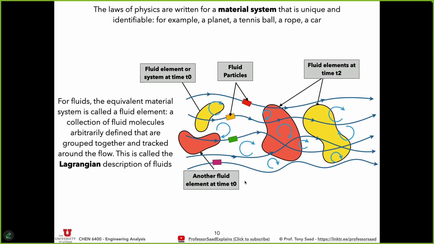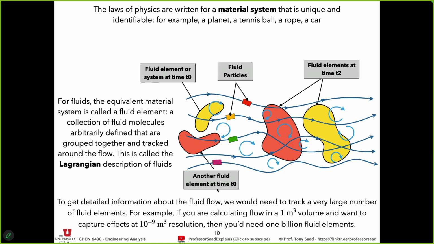It's because fluids are different than solids. They continuously deform. They're composed of hundreds of billions of fluid molecules, even in the smallest representative piece of fluid. So to be able to apply Newton's law, conservation of mass and conservation of energy in their Lagrangian form, we would have to track a very, very large number of fluid elements.